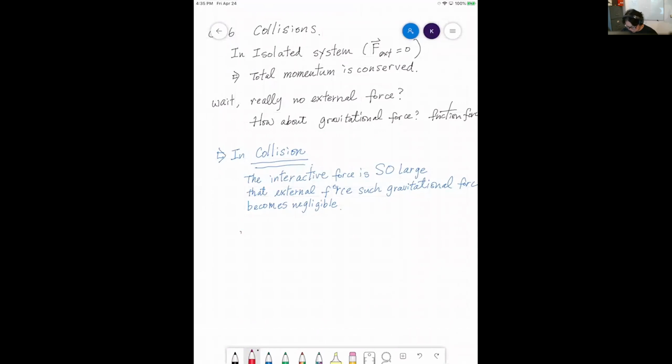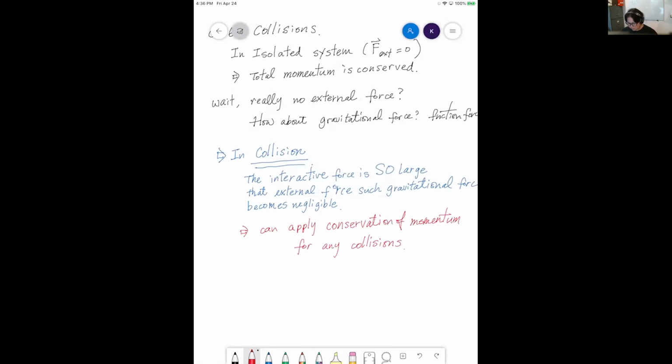Then you can apply conservation of momentum for any collisions, typically. So momentum is conserved for collisions. Even though you might have some external forces, typically they're smaller than an interactive force.